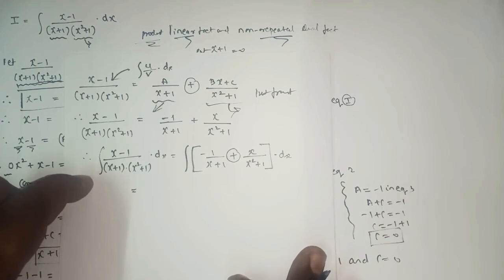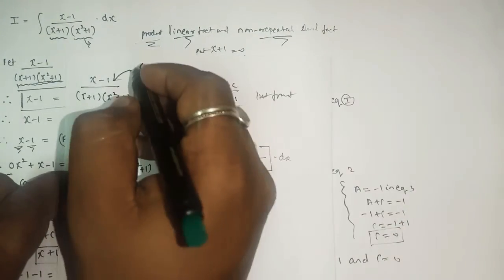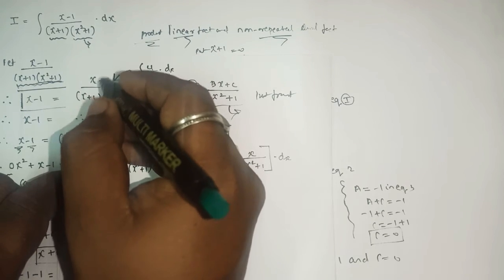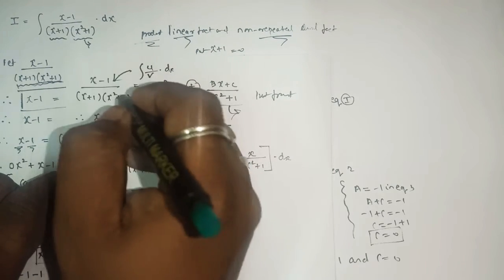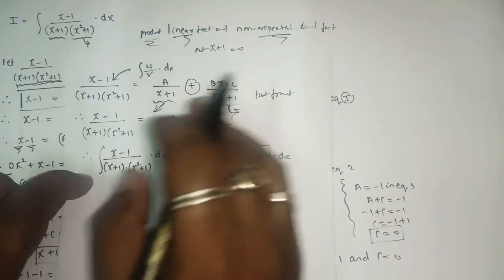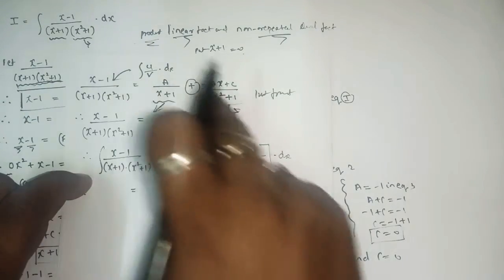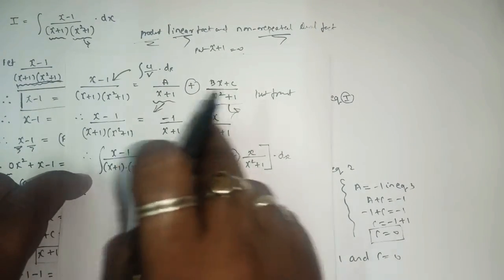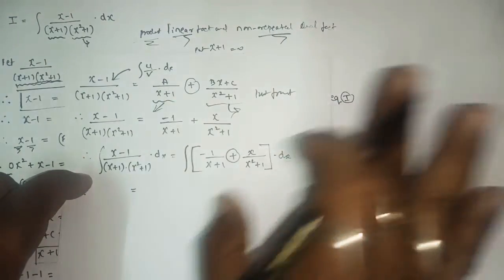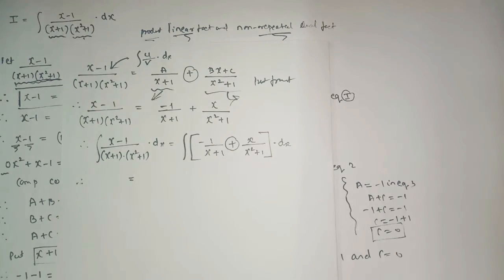These types of sums we cannot solve by using a u by v rule, because in each case you will have some term in the numerator and some term in the denominator, and it looks like u by v, and in integration we don't have a u by v rule. So we have to arrange this function in such a way that we can find the integral of each section easily. These are the methods in which you have to present your sum.